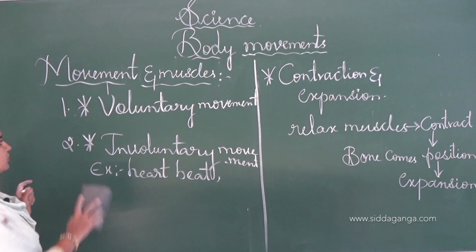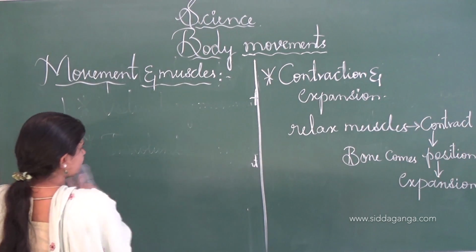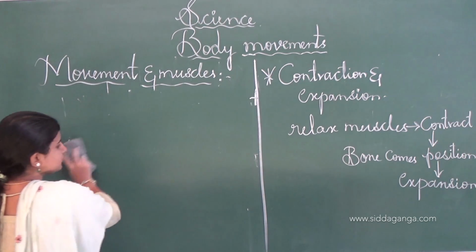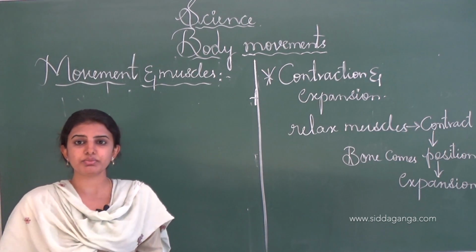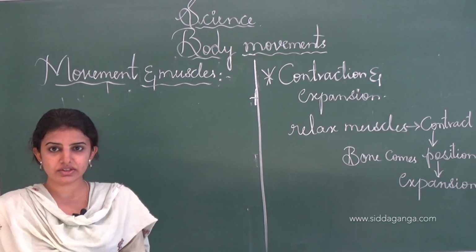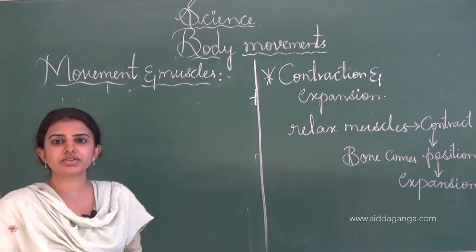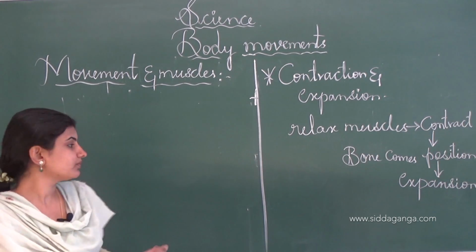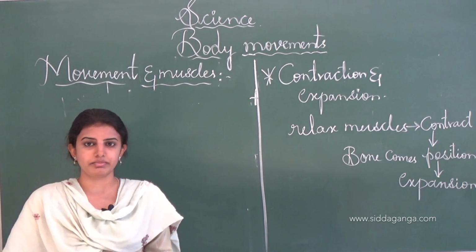This is all about the movements and the muscles, where we can say that movements have two types: voluntary movements and involuntary movements. Voluntary movements are those which are under our control, and involuntary movements are those which are not in our control. An example is the heartbeat.